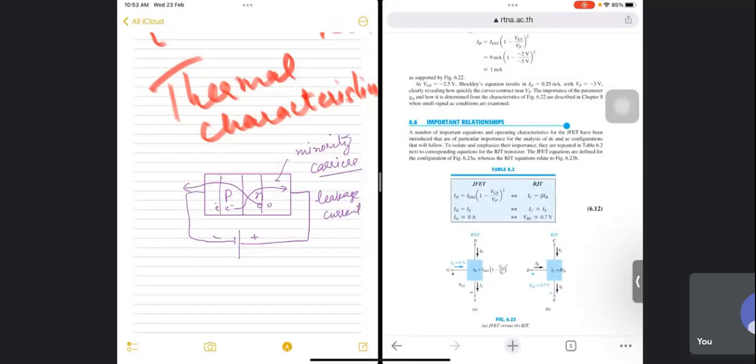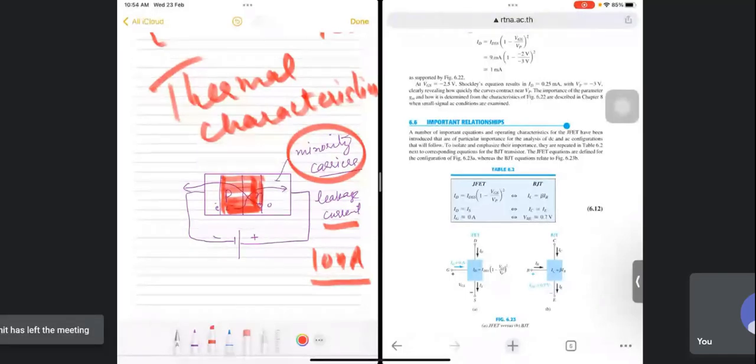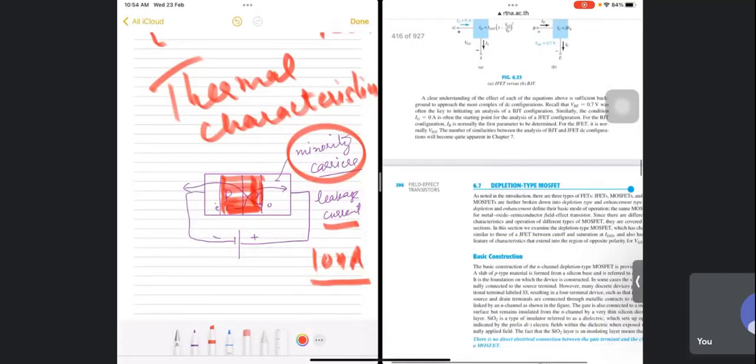Even if it is reverse bias, यहाँ डिप्लीशन विड्थ होती है, और रिवर्स करोगे तो और डिप्लीशन विड्थ बढ़ेगी. But we have minority carriers also, so that current is flowing because of the minority carriers. This current is very small, 10 nanoampere जैसे. Okay, कम है because minority carriers कम होते हैं. N साइड में होल्स कम होंगे, P साइड में इलेक्ट्रॉन्स कम होंगे.